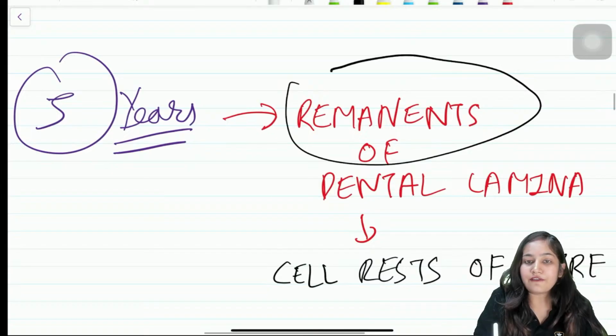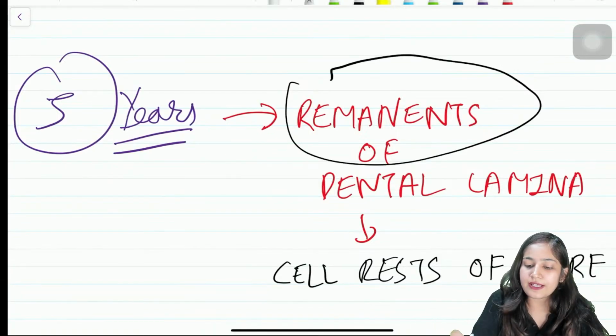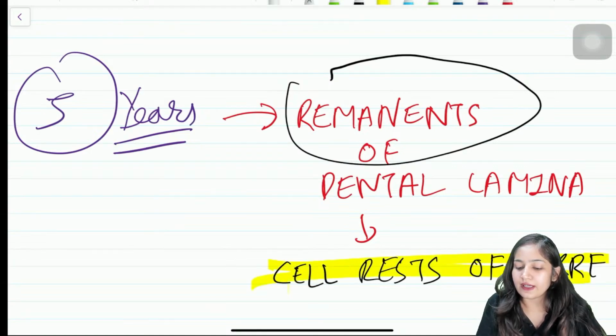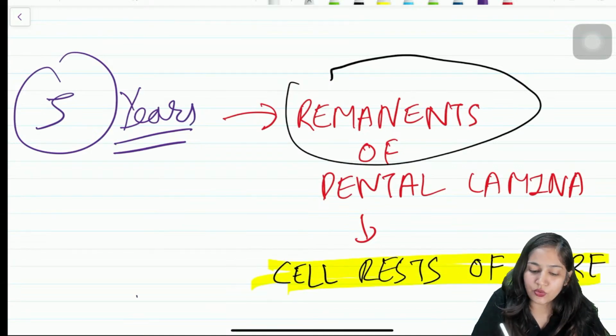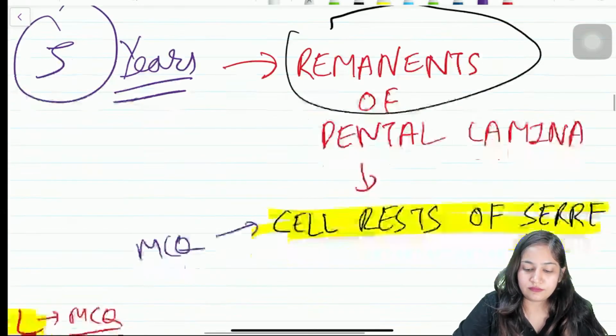So after 5 years, during the disintegration, some remnants will be left behind, which are known as cell rests of Serre. Again, an important MCQ question. You can be asked, what are the remnants of dental lamina known as? Right.